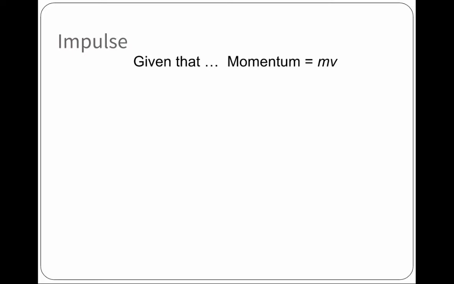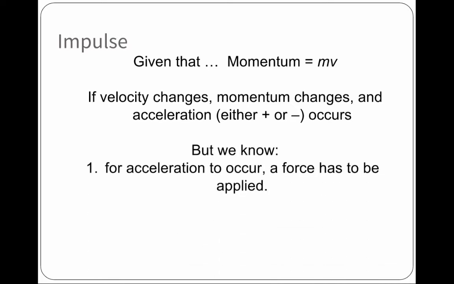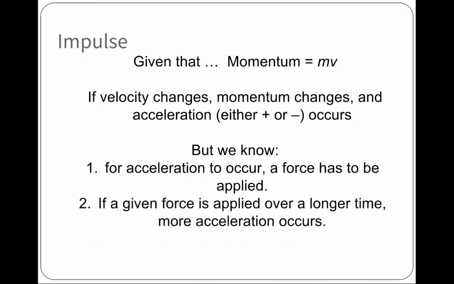So let's talk about impulse. Given that we know momentum is mass times velocity, if the velocity changes, the momentum changes, and acceleration, either positive or negative, occurs. But we know the following. One, for acceleration to occur, a force has to be applied, right? And two, if a given force is applied over a long period of time, more acceleration occurs.